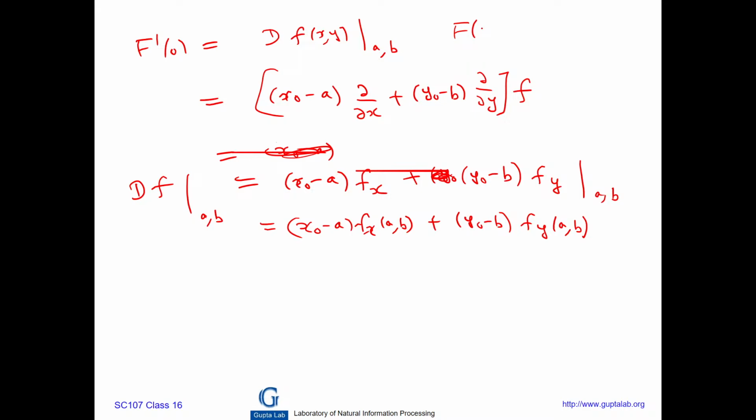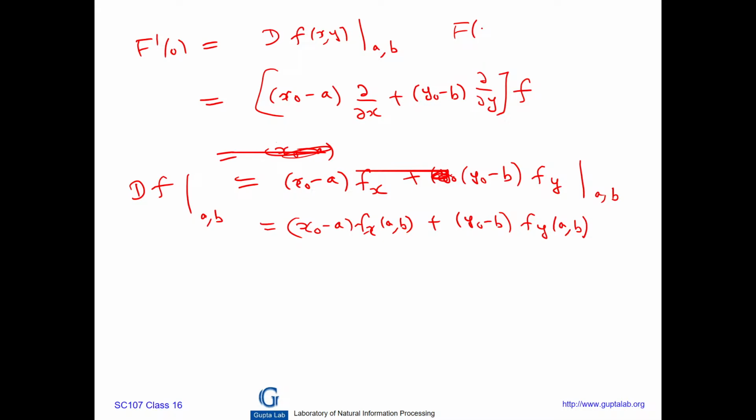Similarly, you can calculate d square f. I'm just writing directly. You can compute this as x naught minus a whole square f of xx plus 2 times x naught minus a, y naught minus b, f of xy plus y naught minus b whole square f of yy. Right, you can similarly compute the double derivative.